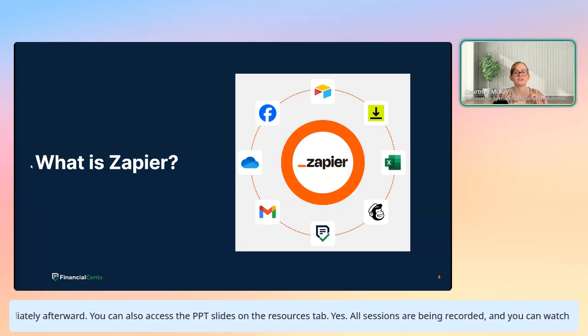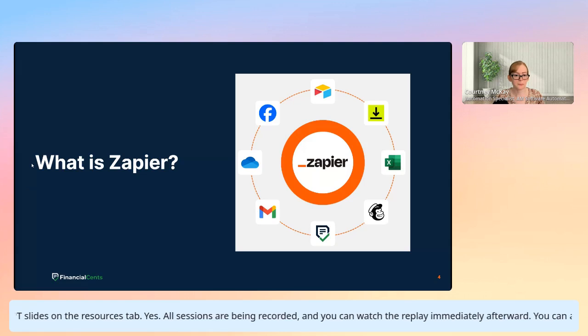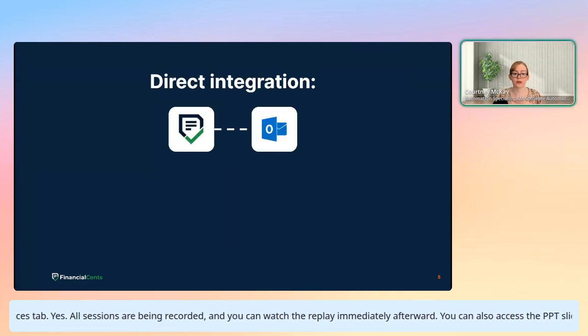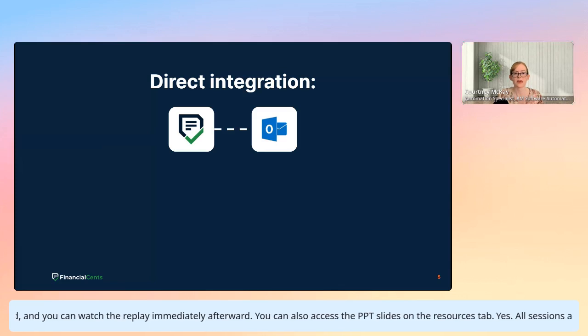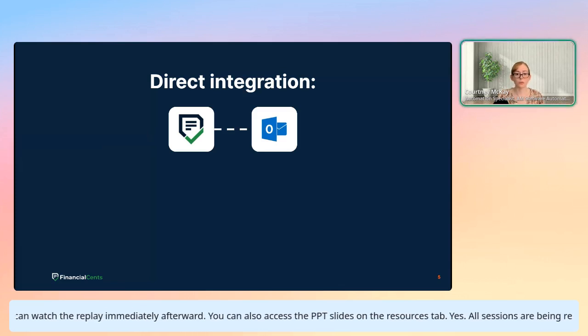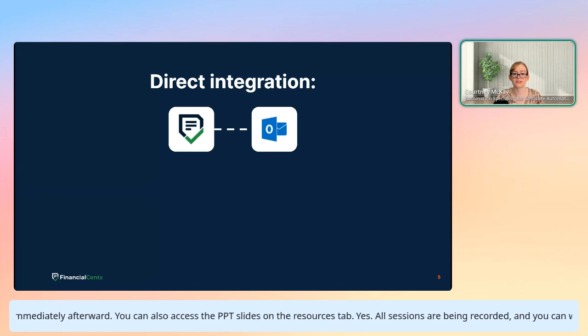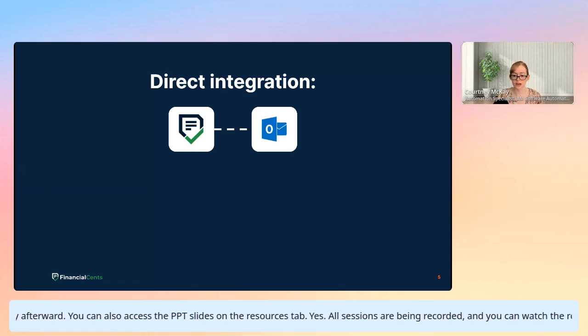So I like to use this analogy when talking about Zapier. Zapier is like the middleman between all of the apps in your tech stack. So if you have apps that have a direct integration or a connection with each other, for example, maybe you use Financial Sense, they have a direct integration with either Outlook or Gmail to give you the ability to view and send emails from within Financial Sense.